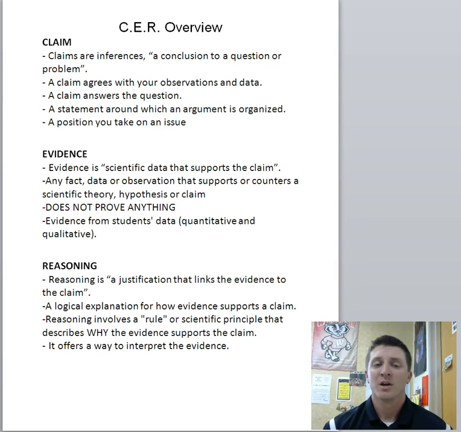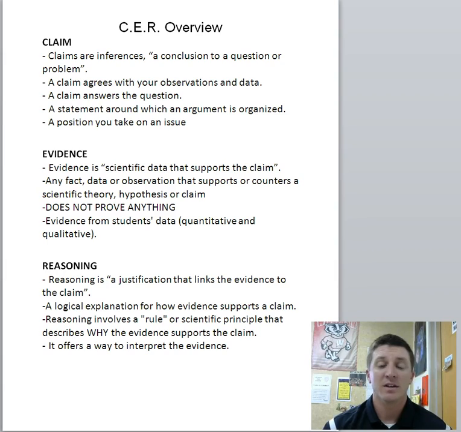It's organized. And we'll talk more about argumentation later on this year, but that goes along with taking a position on a particular issue or problem. So claims aren't just limited to science. Claims can also be made in other aspects of life as well.